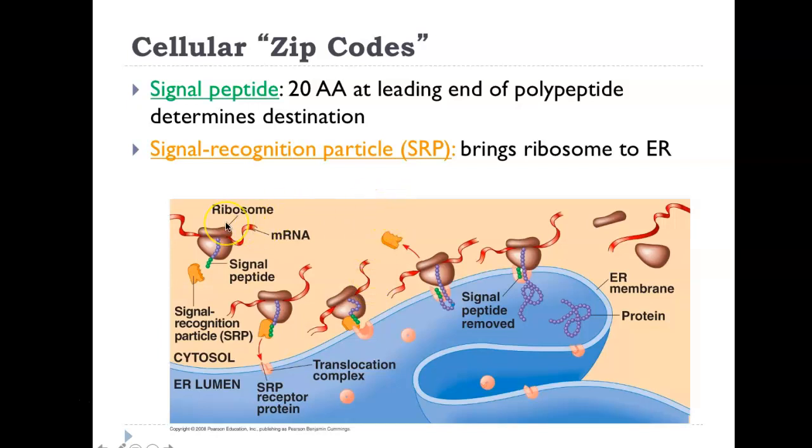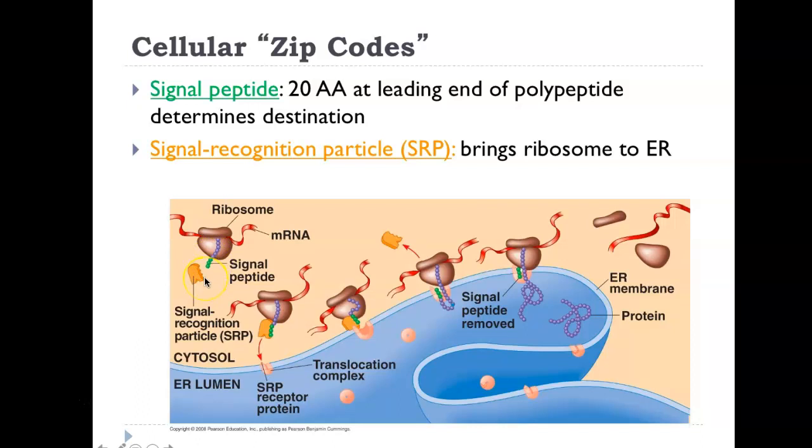And so if you look at this picture, I would pause and write and then listen to the explanation. It starts here on the left. You have the ribosome, the mRNA, the signal peptide is in green. The long polypeptide's being made, okay?